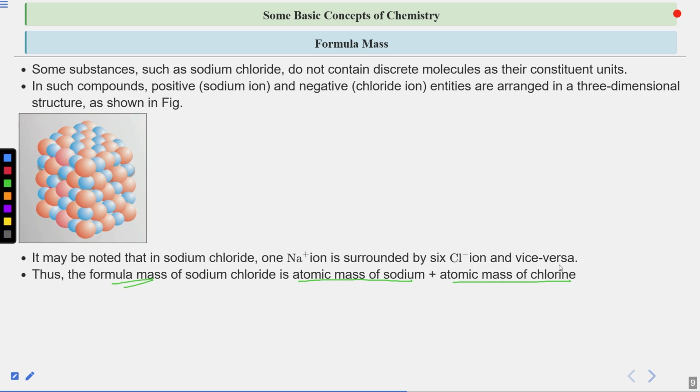We are simply adding the atomic mass of sodium and the atomic mass of chlorine. Then we get 23.0 U, which is the atomic mass of sodium, plus 35.5 U, which is the atomic mass of chlorine. This will be equal to 58.5 U. So this value is the formula mass of sodium chloride.